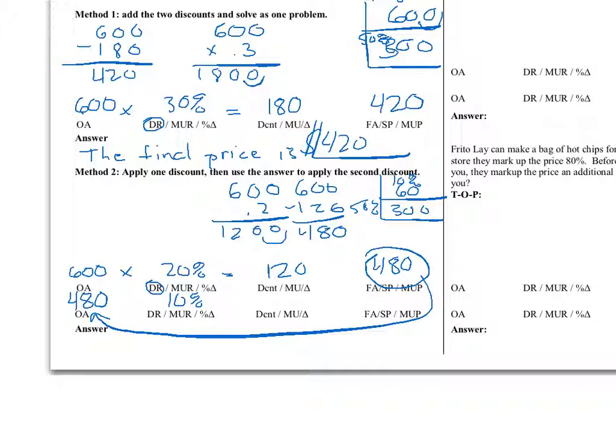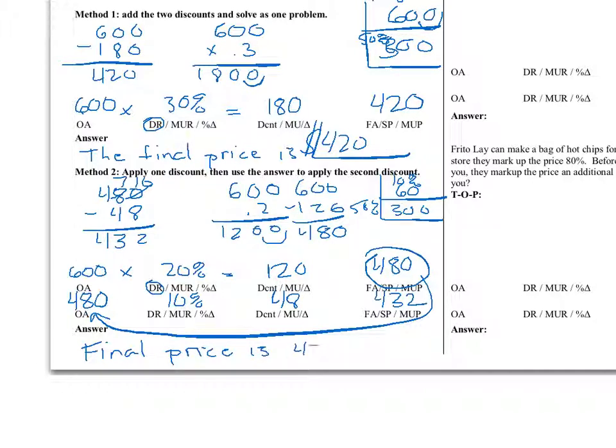I just have to move the decimal over 1 time, so my additional discount is $48. So I had 480 and I'm subtracting an additional $48, and I get 432. So this one tells me the final price is $432.